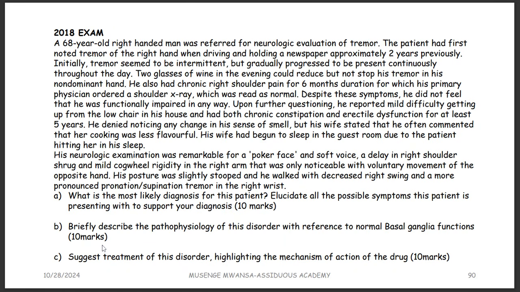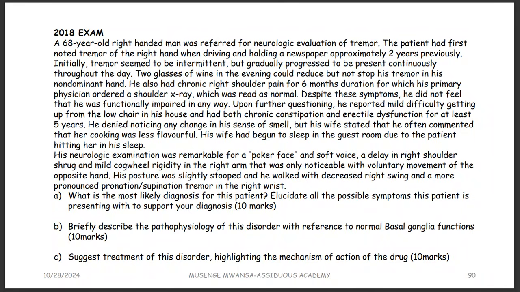Let's go to B. Briefly describe the pathophysiology of this disorder with reference to normal basal ganglia function. 10 marks. So for questions like this, it's important to understand which component they've brought in. If they brought it on the physiology part or on the anatomy part or on the pharmacology part, because if it comes on the physiology part, I feel it is important to talk about the direct pathway and the indirect pathway and how they are going to be affected.